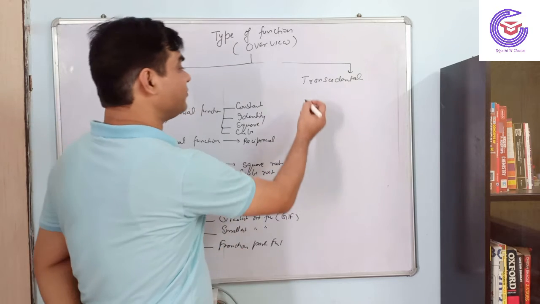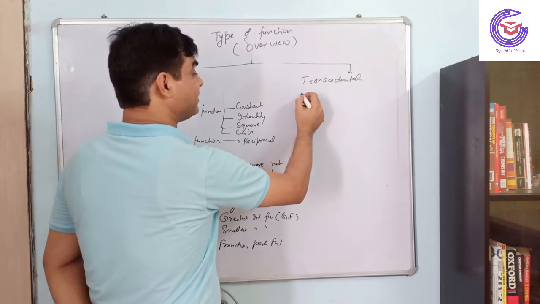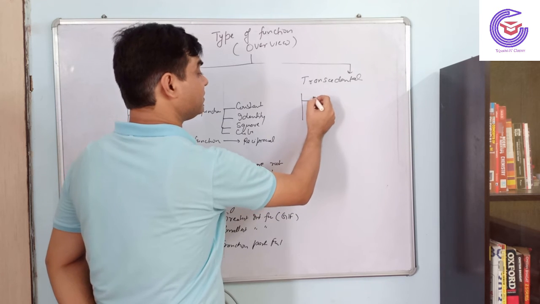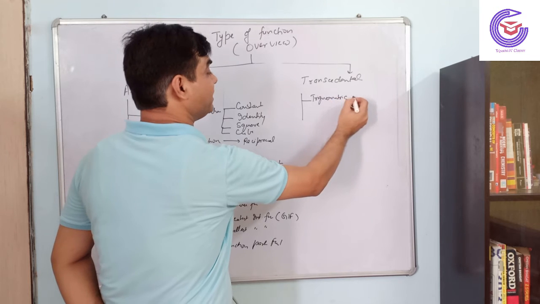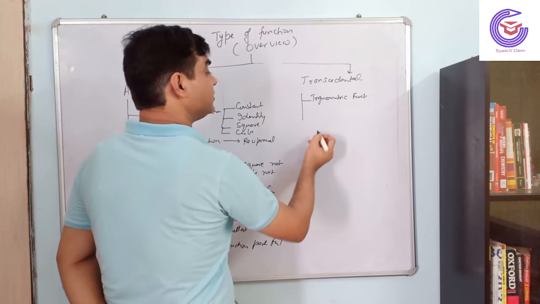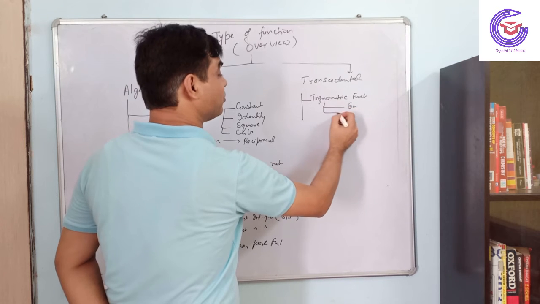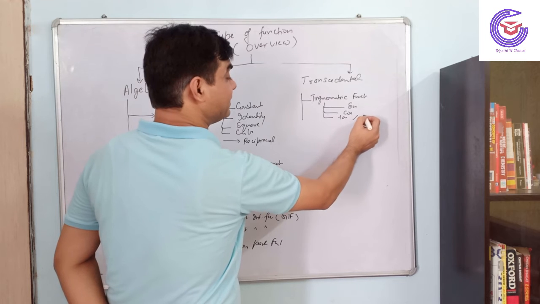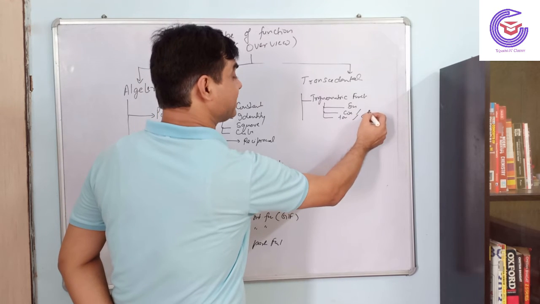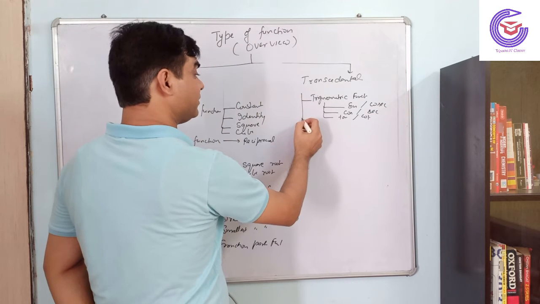In the transcendental, the first one is your trigonometric function. In the trigonometric, we have sine function, cos function, tan function, and then cot for tan, sec for cos, and cosec for sine.